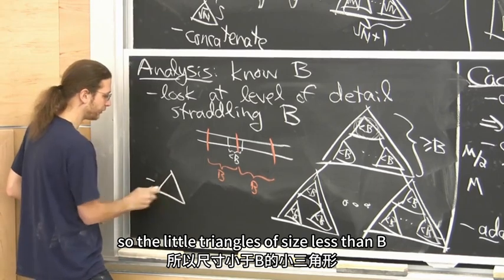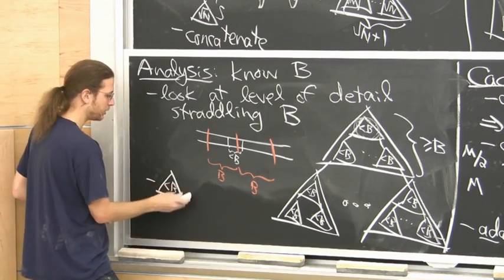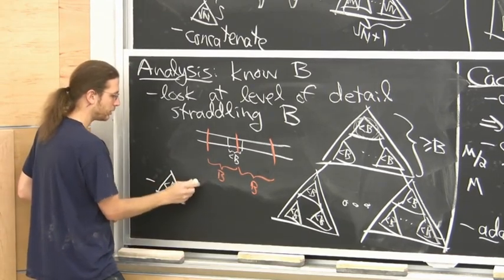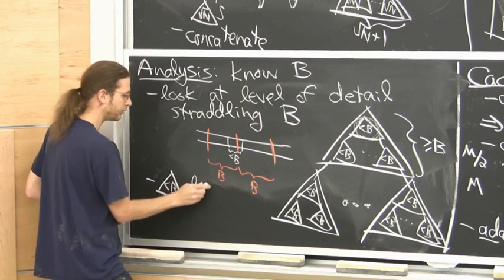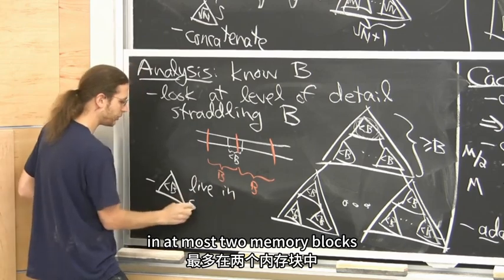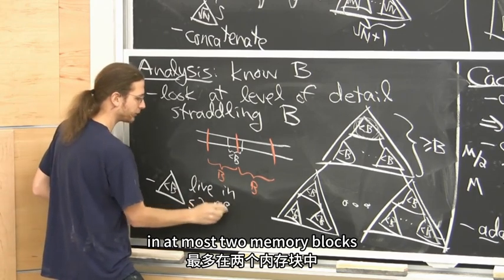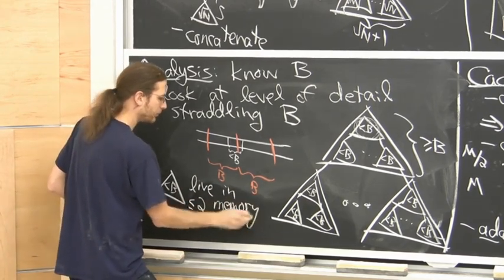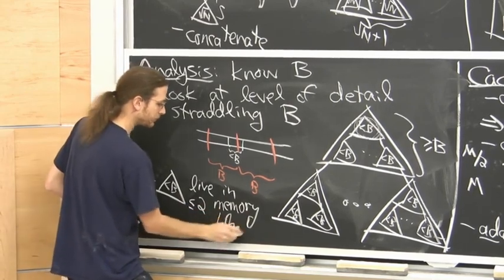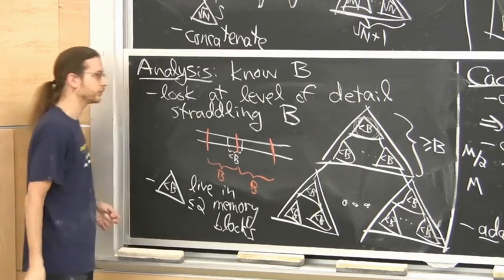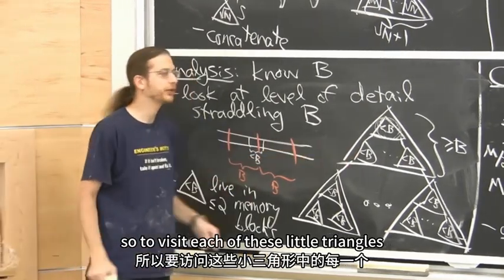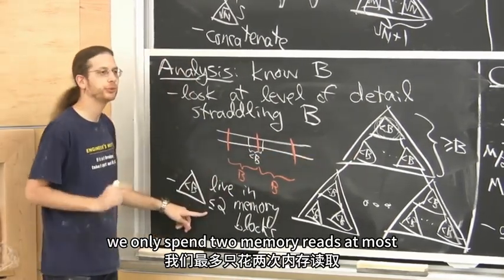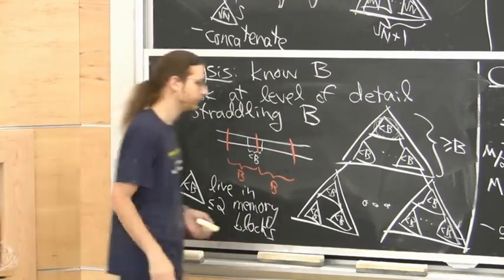So the little triangles of size less than B live in at most 2 memory blocks. So to visit each of these little triangles, we only spend 2 memory reads at most.